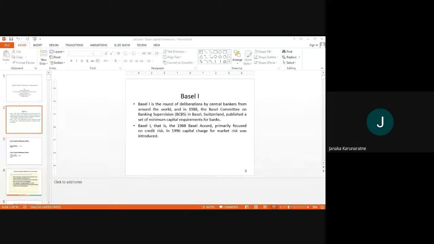There were a couple of big failures in Germany, State Bank, if you can recall, and also I think one Italian or French bank, which collapsed. That led the international regulators to discuss amongst themselves how to bring in some standardized way of enforcing capital.